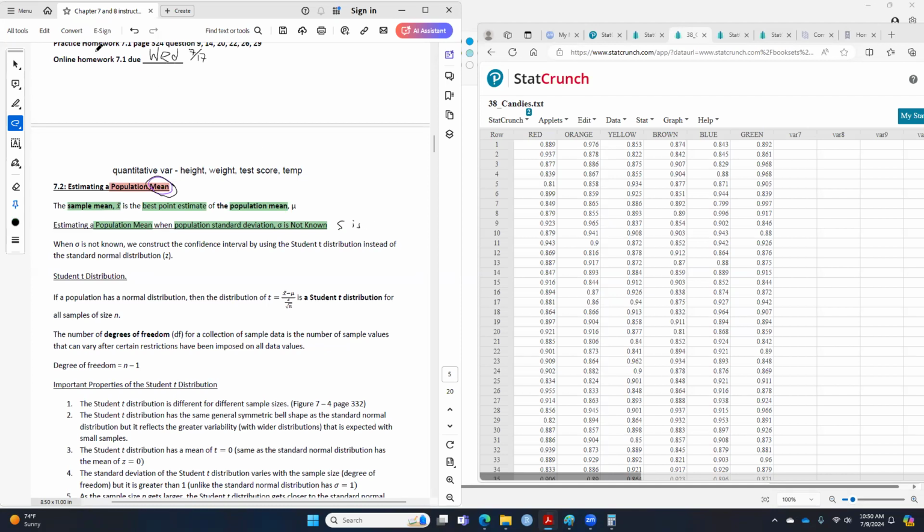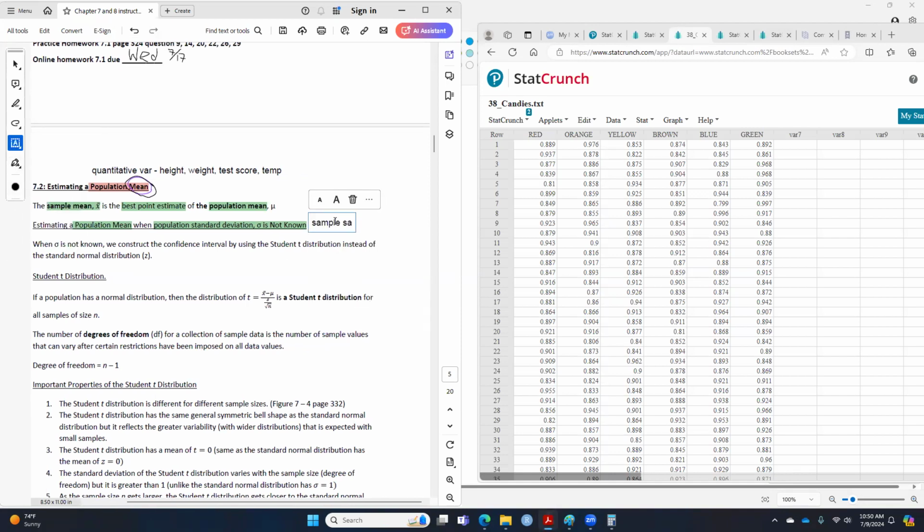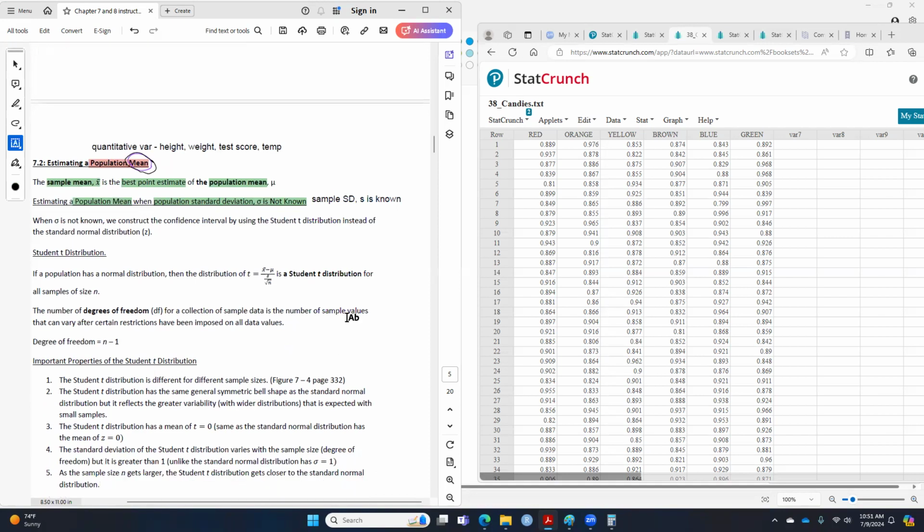S is called the sample standard deviation. We know the sample but not the population, because the population is too big, so we draw a sample out of the population. So S is known in this case.